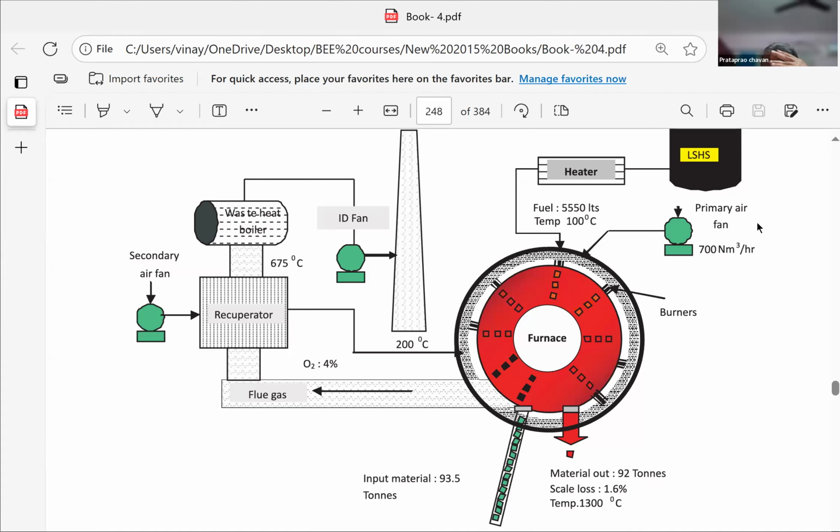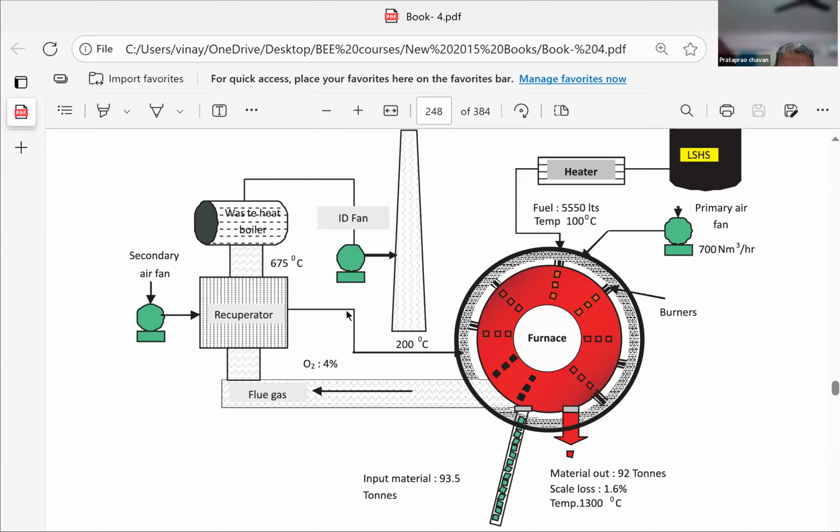Fuel input, and this is the primary air input, this is secondary air input. You look at it like a boiler or any other furnace. The activities are same. One fan sucking the flue gas, another is pushing the primary air.